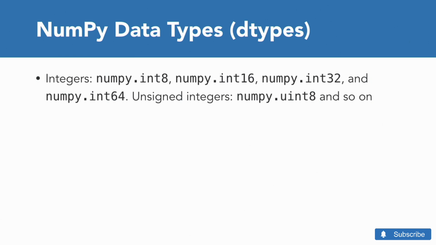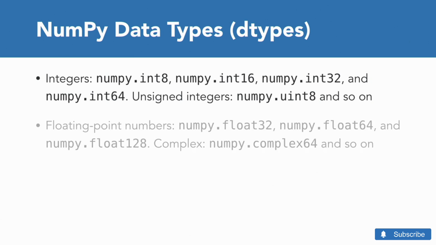NumPy identifies different types of integers, depending on the number of bits that each of them takes up in memory: int8, int16, int32, and int64, the most common. There are also unsigned versions of the integers. As for floating point numbers, we have float16, 32, 64, and on some platforms, 128. The most common is float64.